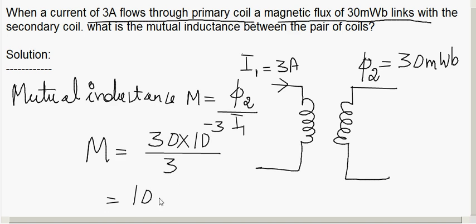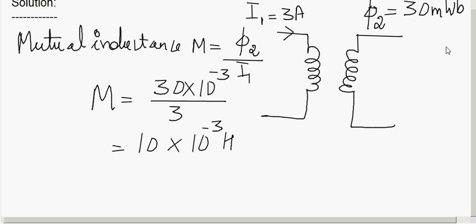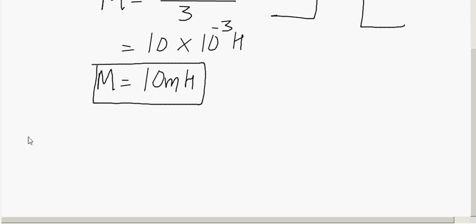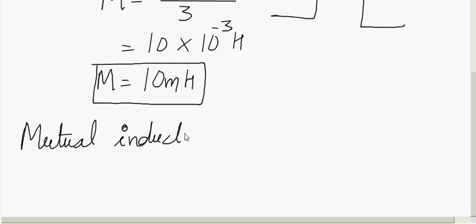This will be 10 into 10 to the power minus 3 Henry, or M is 10 millihenry. M is 10 millihenry.